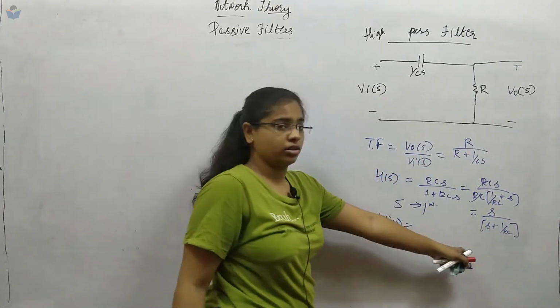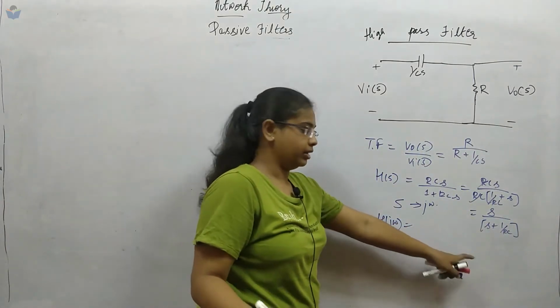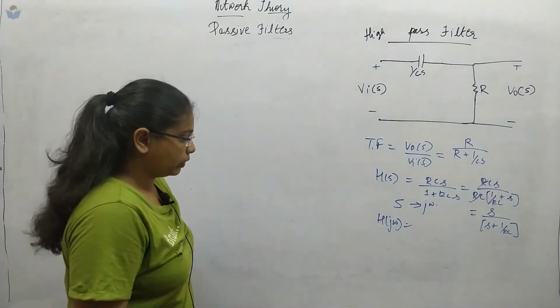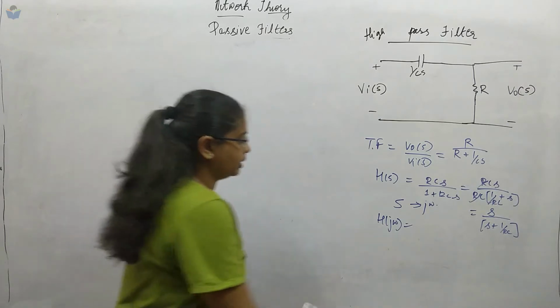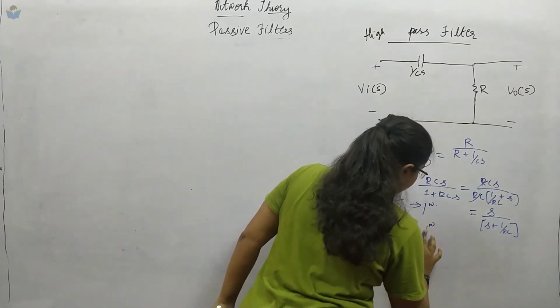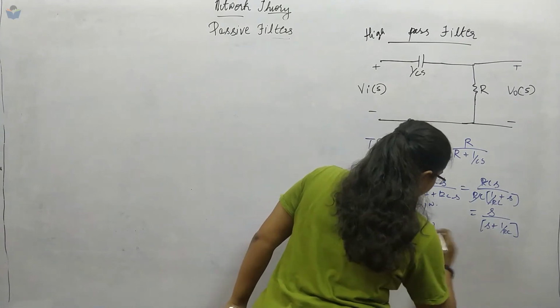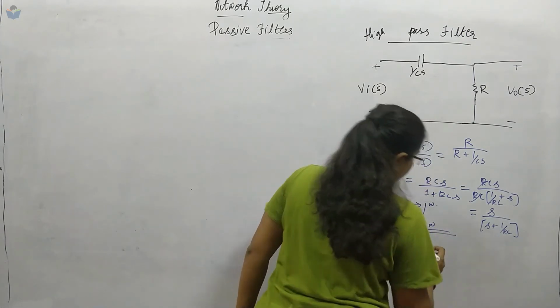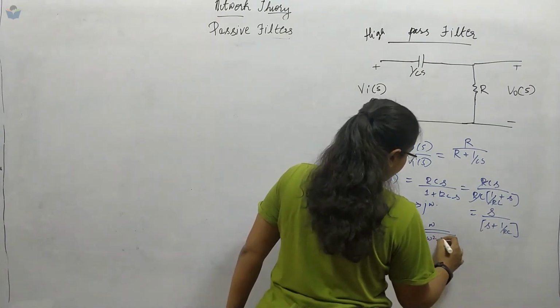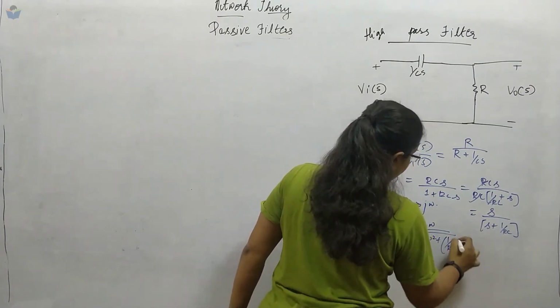The time constant is RC, and the cutoff frequency will be 1 upon RC. Then we will take the magnitude now, put j omega over here. When you are taking magnitude, do not put j. So this will be omega upon the square root of omega square plus 1 upon RC square.